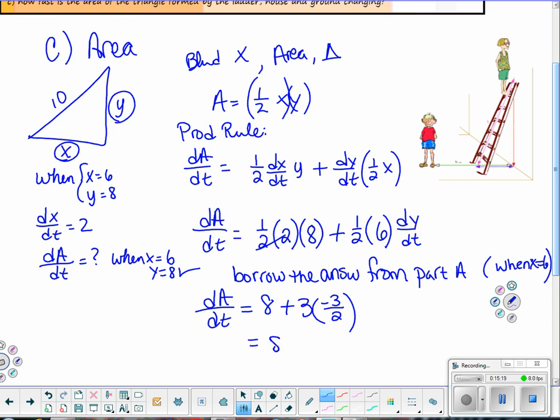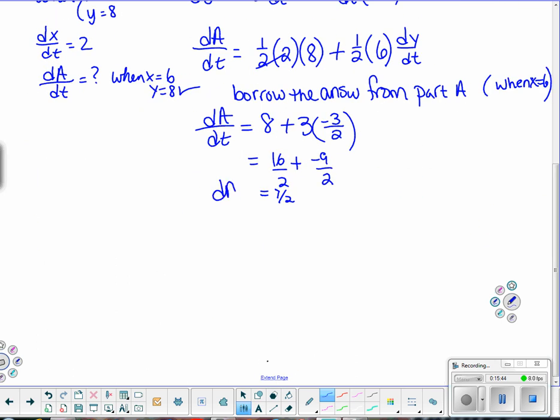All right, so that gives us an 8 plus negative 9 halves. 8 is like 16 halves, so we get an answer of 7 halves. Looks good to me. Let's talk label on that. The label for dA dt would be feet squared per second, because we're talking area. So 7 halves here, or 3.5.